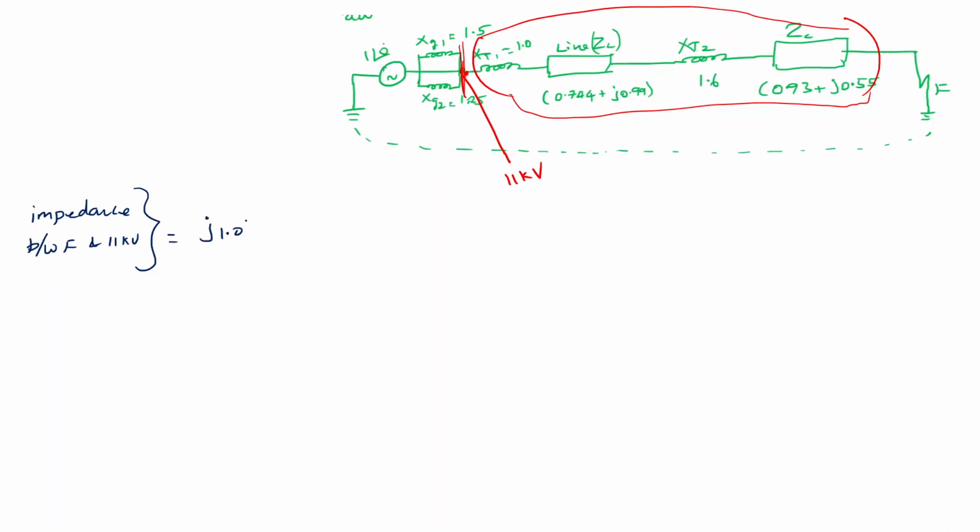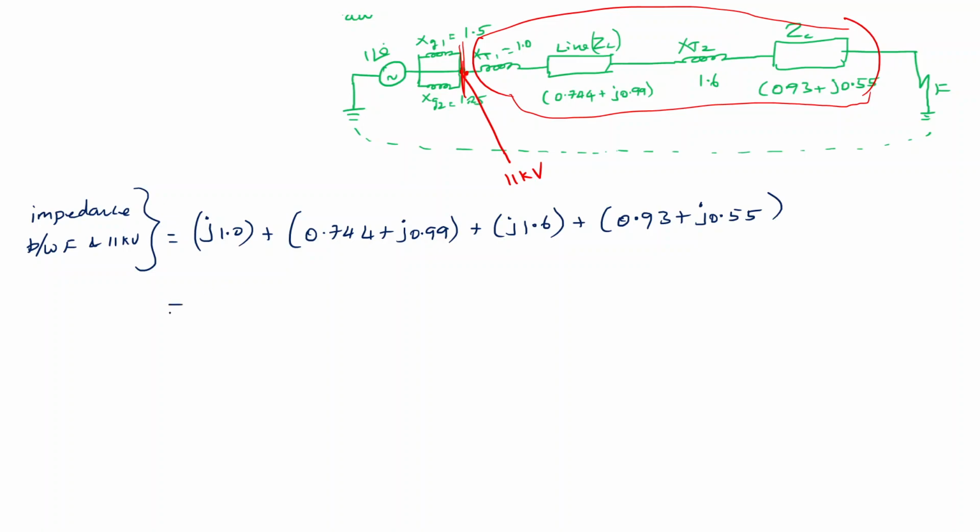J 1.0 for the transformer, plus ZL, that is 0.744 plus J 0.99, and for the T2 transformer J 1.6, plus ZC cable, that is 0.93 plus J 0.55.